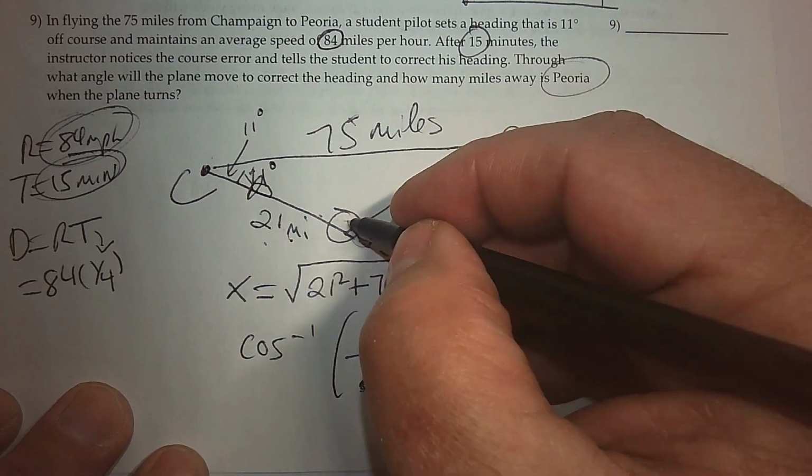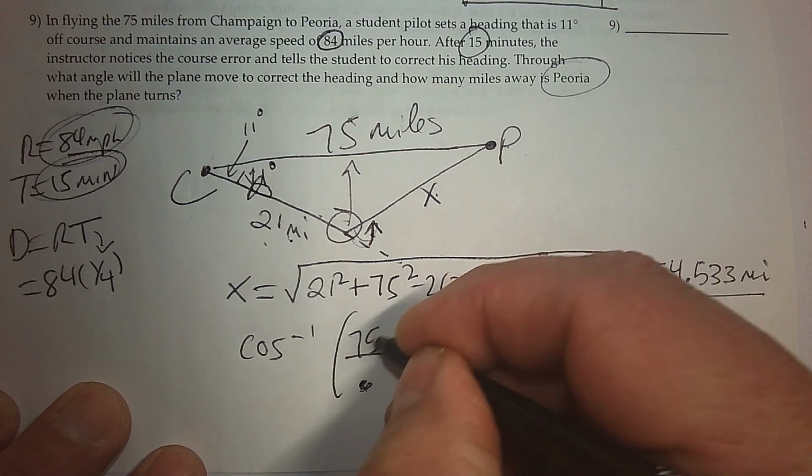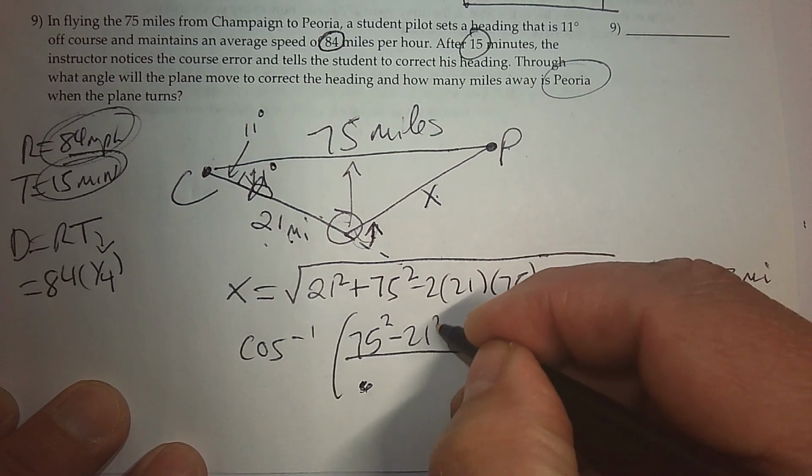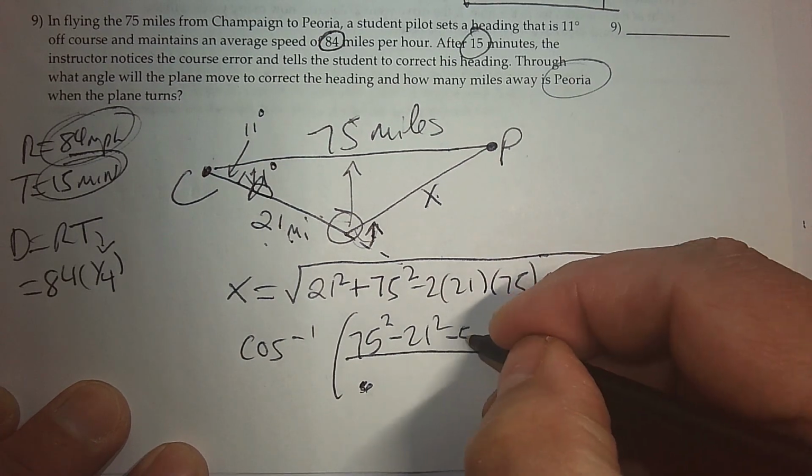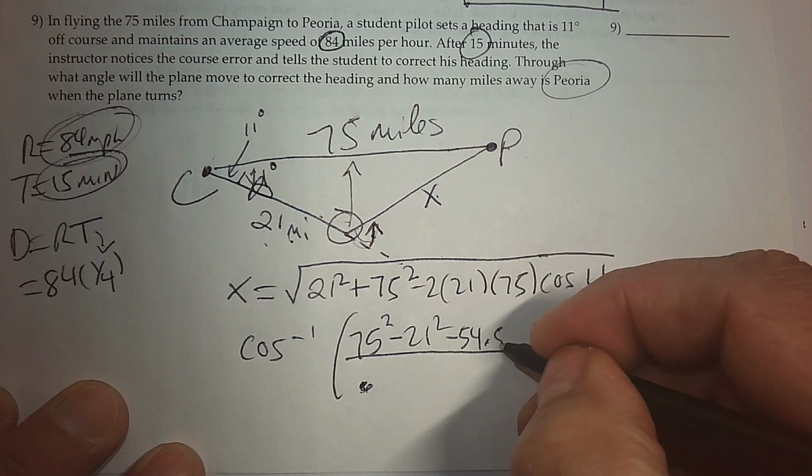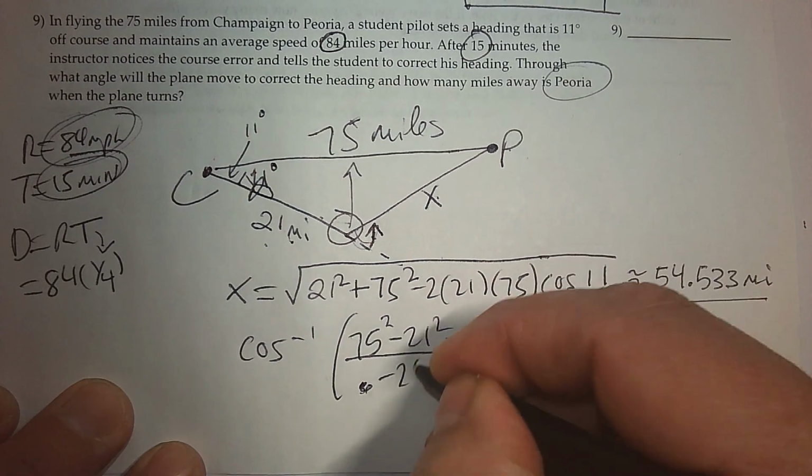So what's opposite? And then the other sides, including 54.533, put it in the formula.